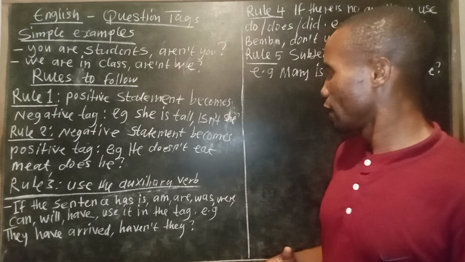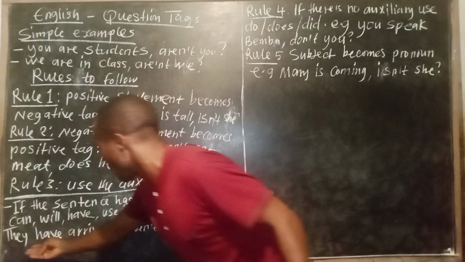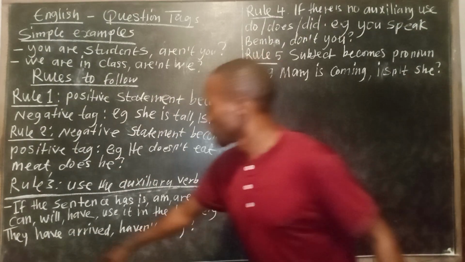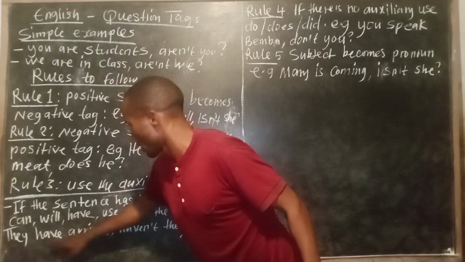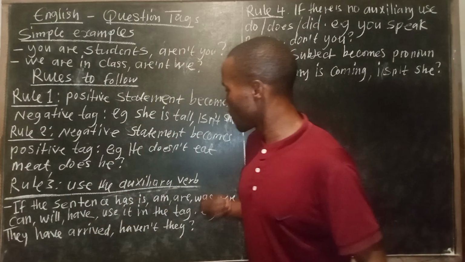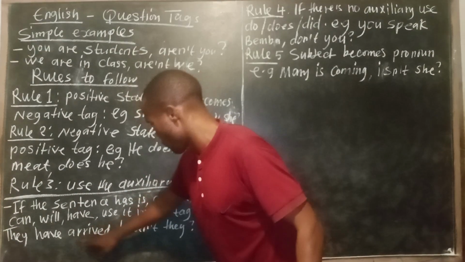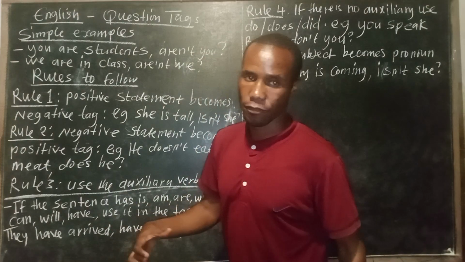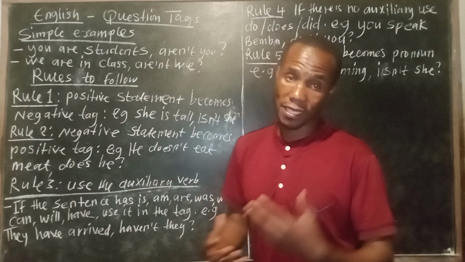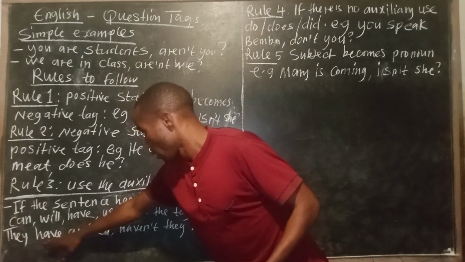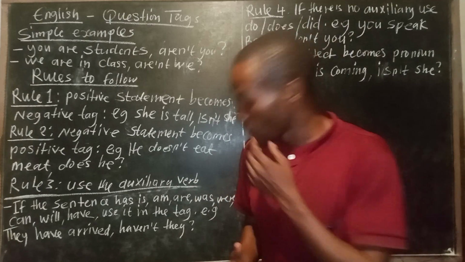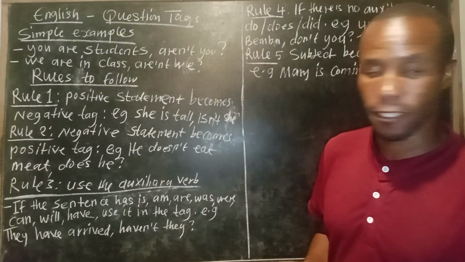So for example, we have this one: they have arrived. Here we have the auxiliary verb, which is have, and it is giving the tense of this verb, the past participle, so to say, or perfect tense.